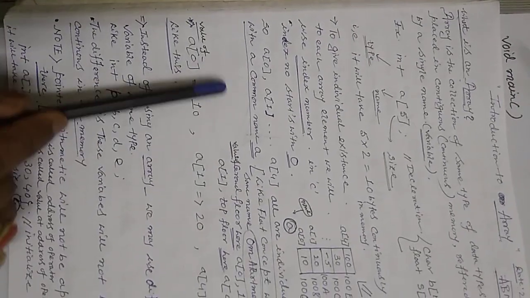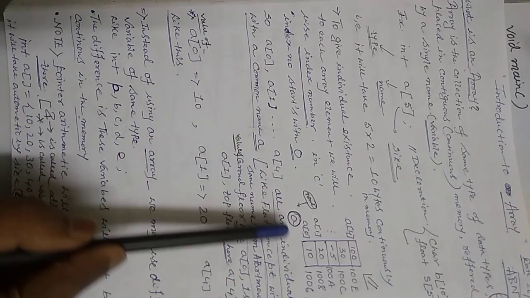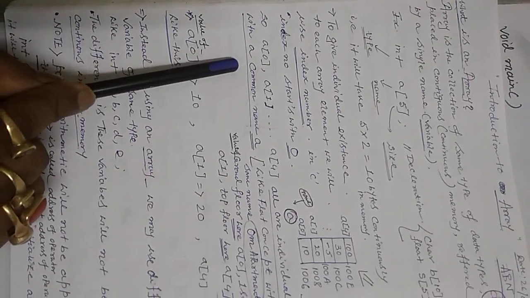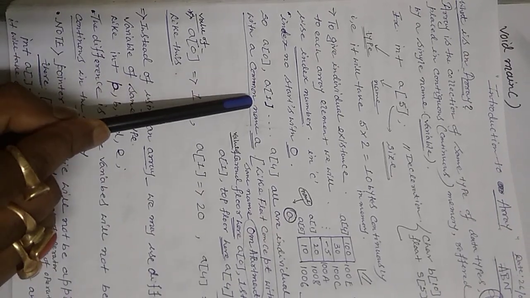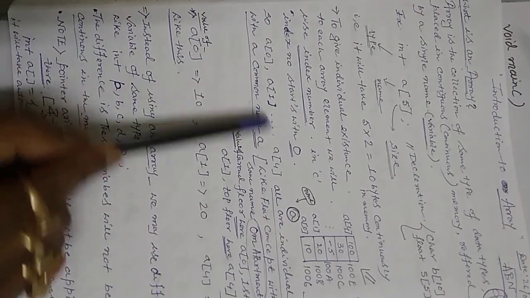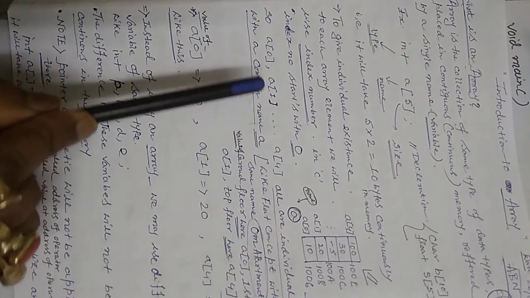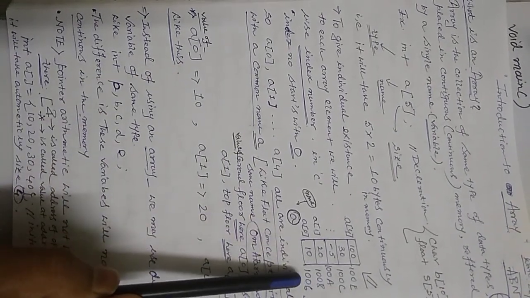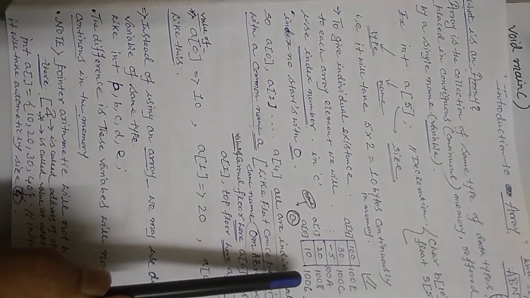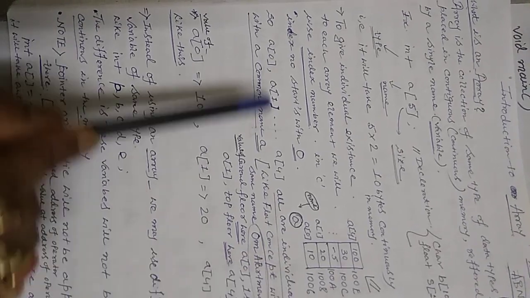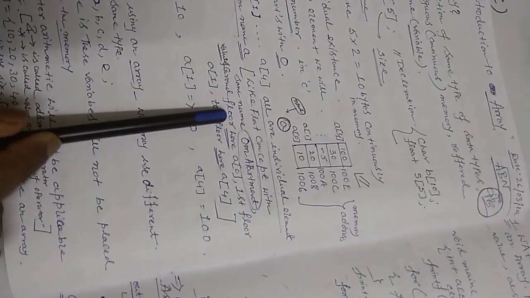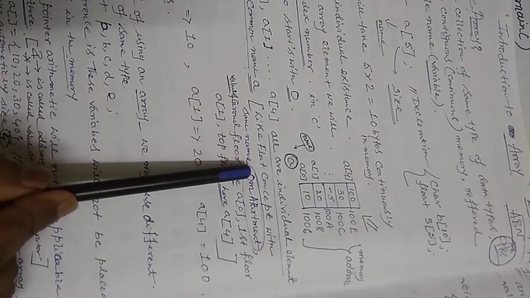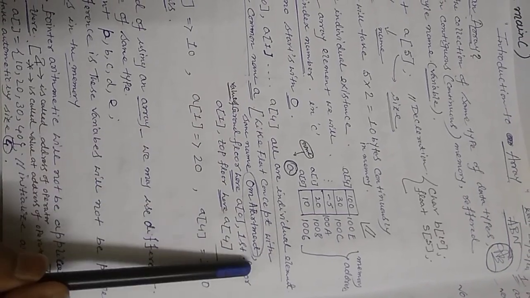So from this discussion we came to know that A0, that means the element with the value of 10, A1 is the element with the value of 20, and their respective addresses are A0 is 1006 and A1 is 1008.